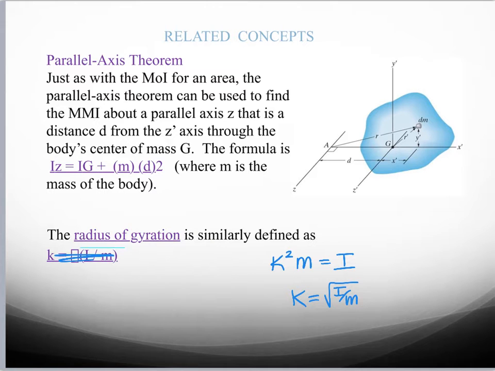And so similarly to how we said that for the area moment of inertia was if we took all the area and located it at a particular distance from the axis. In this case, it's the same thing, only if we took all the mass of the object and we put it at a single distance away from the axis of rotation, that would be our radius of gyration, and this is how we would calculate it.